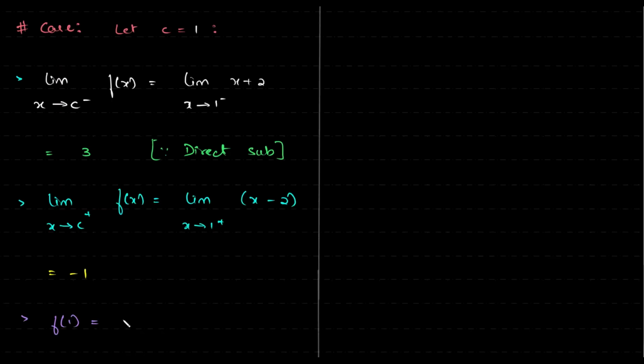So this is 1 plus 2, that is equal to 3. Right? This is for x equal to 1. Now, what can you tell? Clearly, we can tell that these things are not equal. And so we can conclude the following.